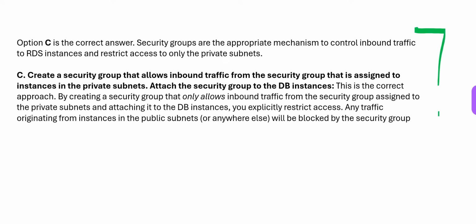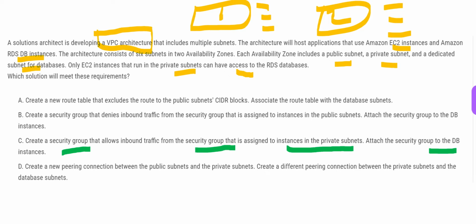You can read the explanation here; you can take a screenshot if you want. A route table works at the subnet level, and it controls the traffic. This is the next closest answer, but it is not correct here because it will not be effective for inbound traffic.